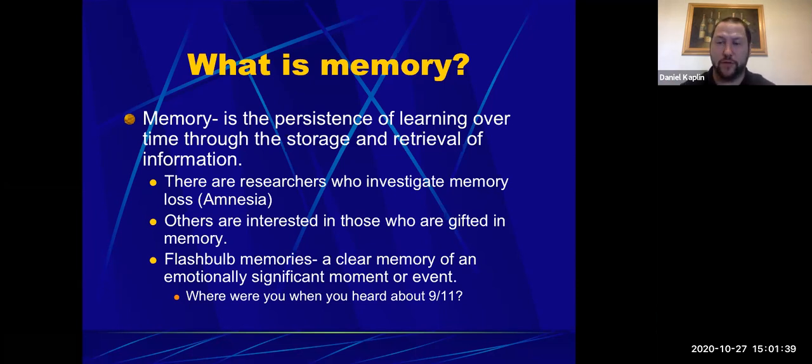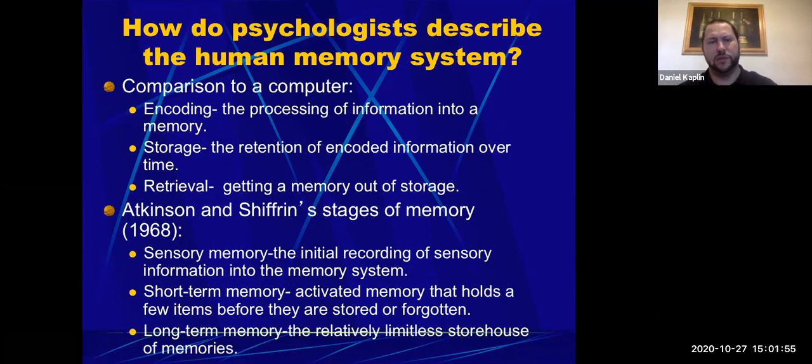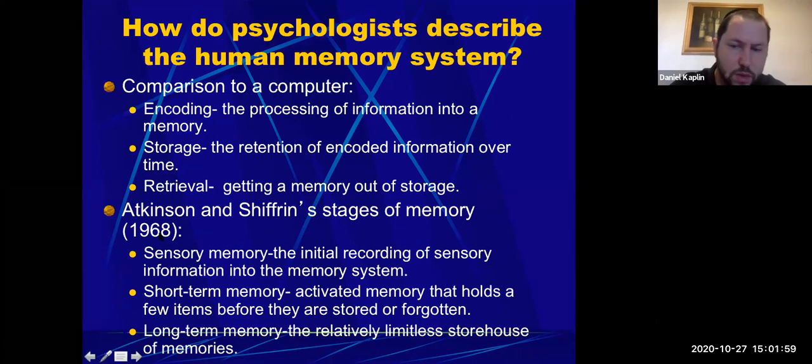Because in photography, they used to use a flash or a flash bulb that would light up and make it brighter. So a flashbulb memory is a memory that's brighter than the rest. Why? Some emotional value.